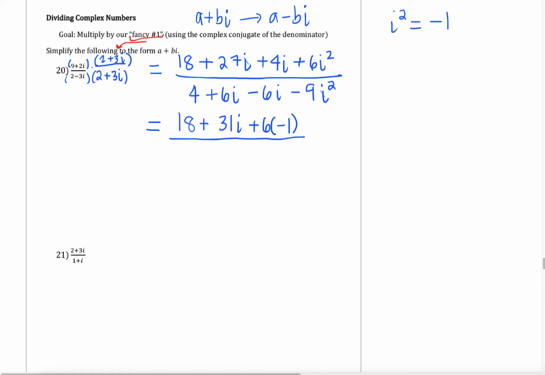In the denominator we also get to cancel our inner terms, which is the goal that we always want to happen when we multiply by that complex conjugate, which allows us to end up with just a real number of 4 minus 9 times negative 1. I'm going to simplify this a little bit more, so we get 18 plus our 31i minus that 6 over, we get 4 plus 9 in our denominator.